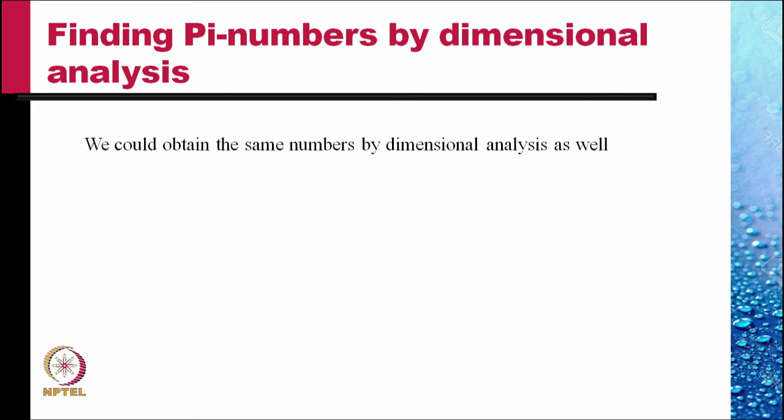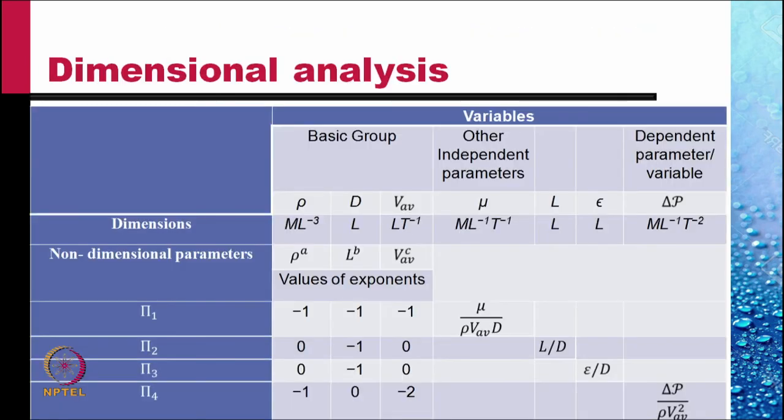We can find the pi numbers by dimensional analysis also. The dimensional analysis was introduced in the last lecture. We start with the list of parameters. The basic group, as we defined there, are rho, d, V average, the independent parameters which contain all the dimensions involved.